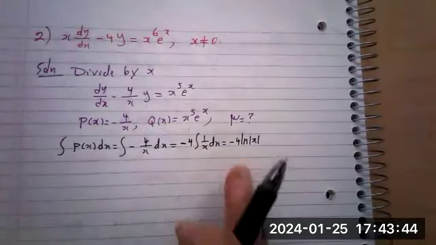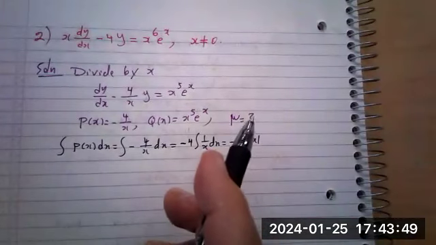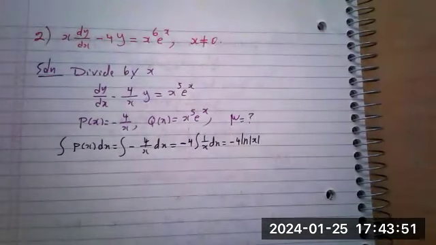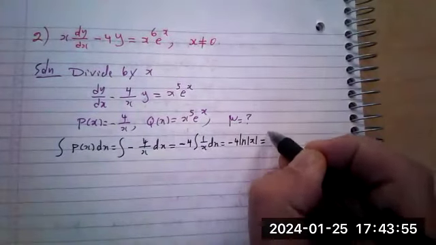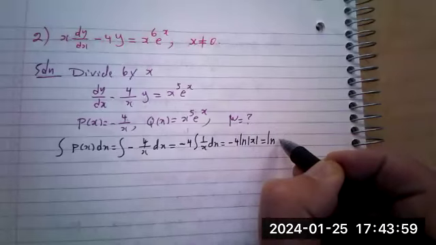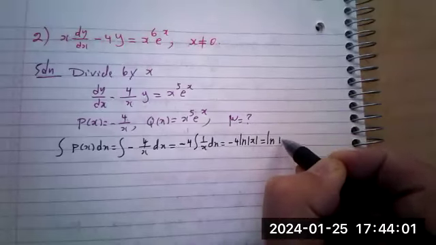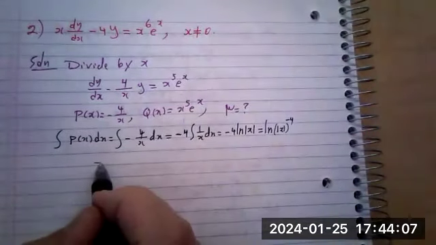But we are going to simplify it further. So we move this 4 up because you have to find the e to the integral of p(x) dx. If you put the 4 up, that gives you ln of what? It's going to be ln of absolute value of x to the negative 4.